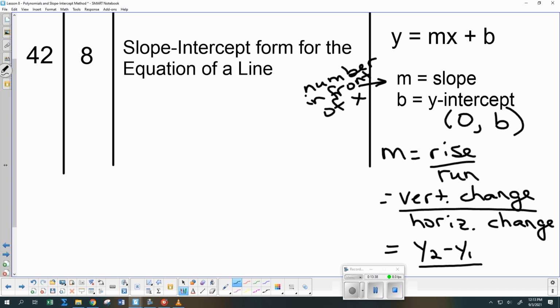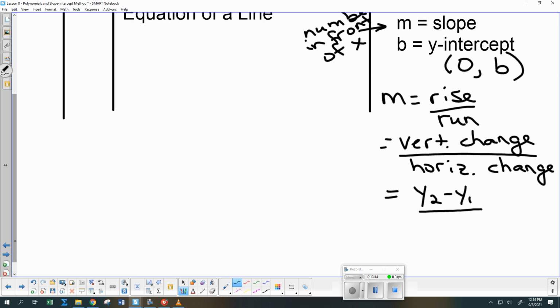You subtract the y's, because that gets you the vertical change. And then in the denominator, you subtract the x coordinates. This is as long as you know 2 points on your line. And you just have to make sure you do them in the same order there. So let's continue here.